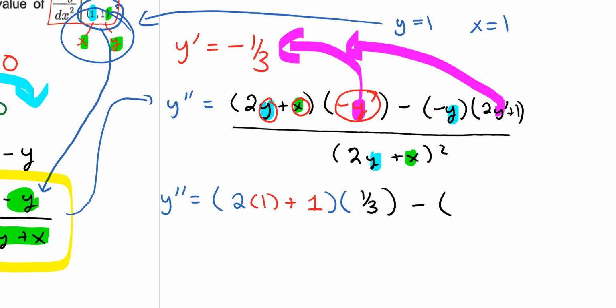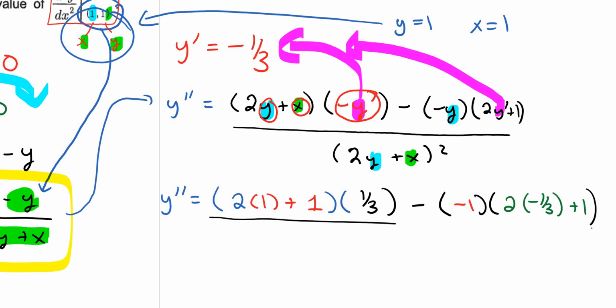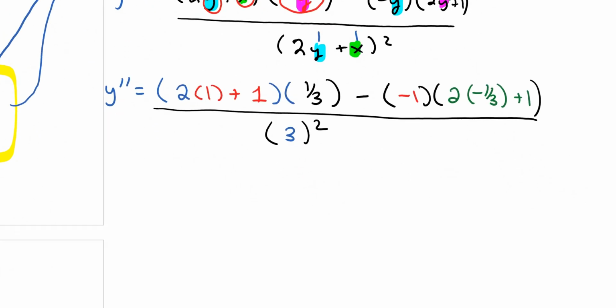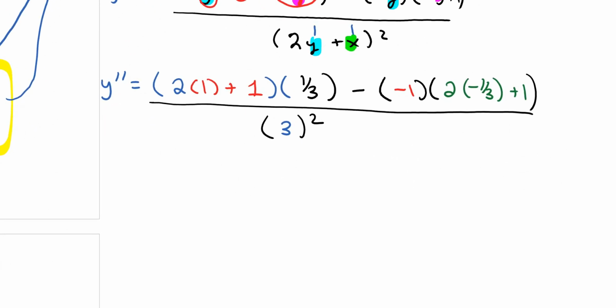Minus, this will be negative 1, close the bracket, this will be 2 times negative 1/3 plus 1, close that bracket, all over, the bottom is going to be, well, sorry, there's a value of 1 here and 1 there, so 2 plus 1 is going to be 3, so the bottom is just going to be 3 to the power of 2. Okay, so we've substituted the values in there correctly. We just need to simplify everything now.